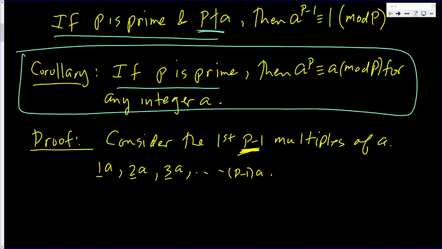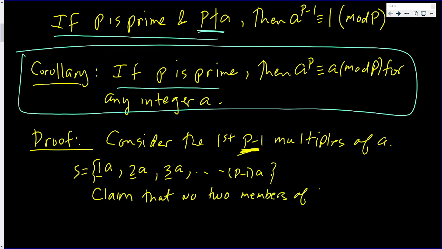Let's actually say it as a claim. So just to make life easier, maybe I'll call it the set S. I claim that no 2 different members of S are congruent to one another.